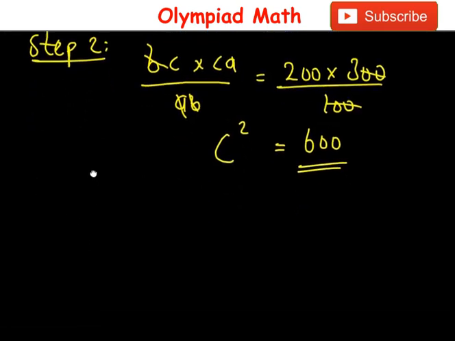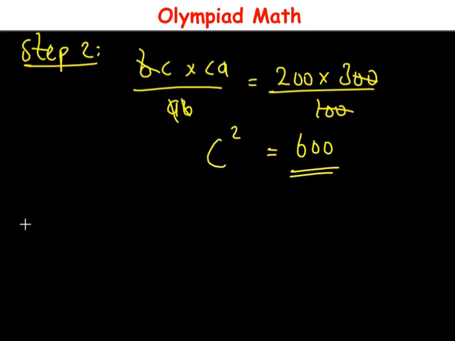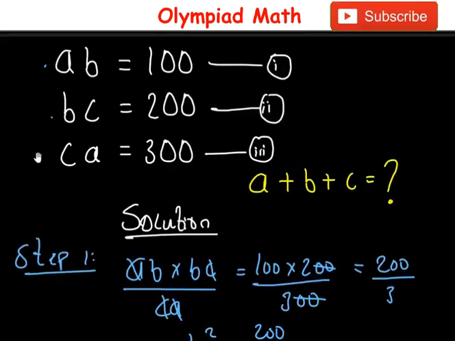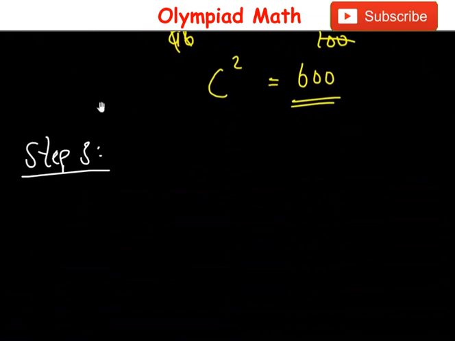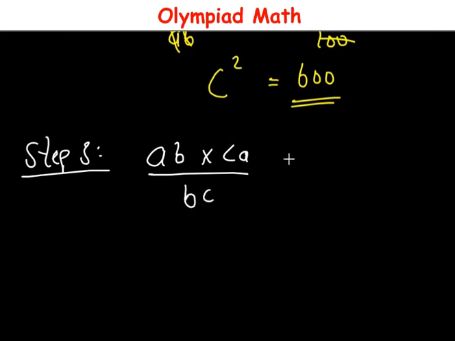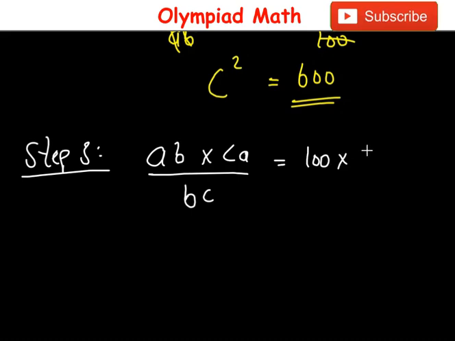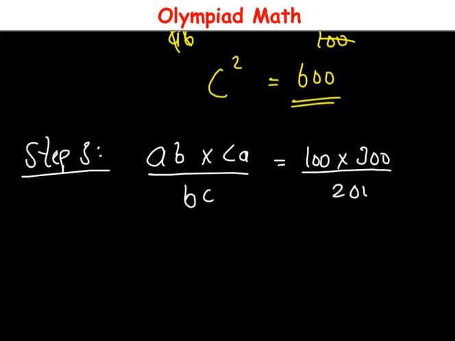The next step is this. For step 3, what we are going to do is multiply AB times CA and divide it by BC. The value of AB is 100 times CA is 300 divided by BC is 200.